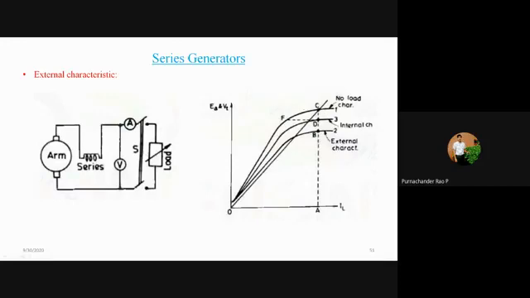The first characteristic is the no load characteristic, and characteristic number 2 is the external characteristic. This is drawn between your terminal voltage versus IL. If you add up the armature resistance drop, Ia into Ra plus Rsc, you are going to get the internal characteristics.